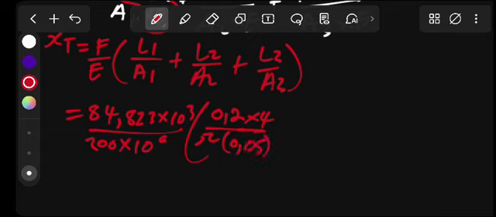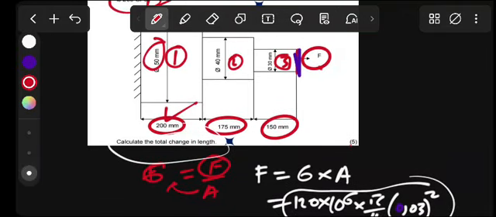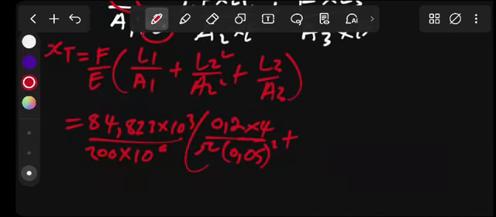0.05 squared, plus the length of the second portion and the area. Let's check. We have the diameter is 40, the length is 175, whereby this is the same as 0.175 divided by, multiply by 4 also, divide this by pi times 0.04 squared.